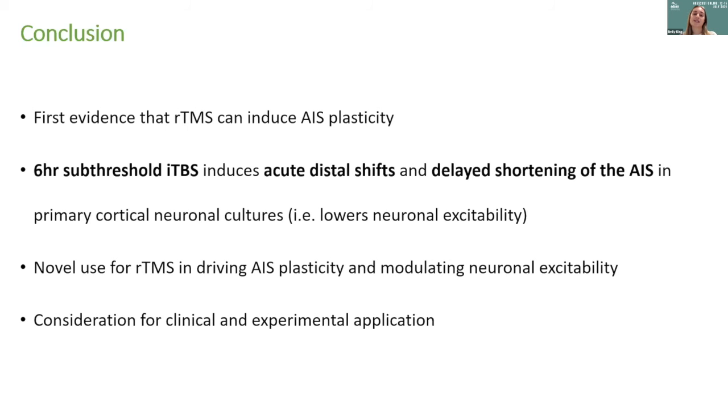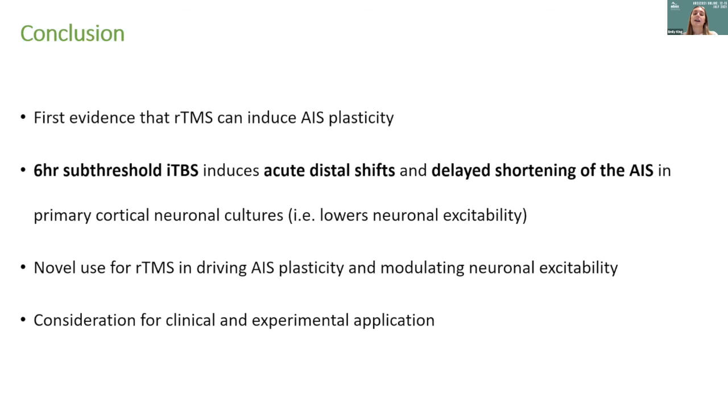So AIS plasticity is very different to synaptic plasticity and other forms of axonal plasticity that occur on much shorter timescales of seconds to minutes. And so for this reason, it is likely that longer stimulation durations, like the 6 hours used in this experiment, might be what is needed to drive this type of plasticity.